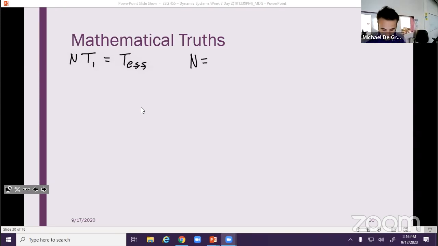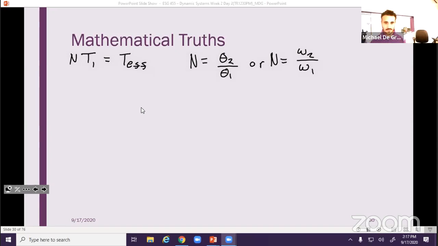Gear ratio is defined as either theta 2 divided by theta 1 or omega 2 divided by omega 1. So if you know the position of the second and the position of the first, you can get your gear ratio. Meaning that if theta 2 is larger than theta 1, we'll have a higher gear ratio, and if theta 2 is less than theta 1, we will have a smaller gear ratio. That's what this is showing us.